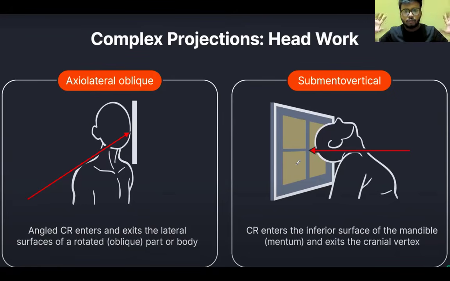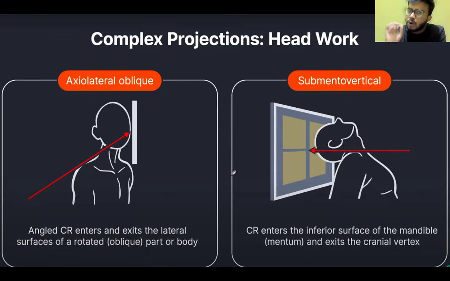For the skull, submentovertex view, the central ray enters the mentum, the inferior surface of the mandible, and exits through the cranial surface, the cranial vertex. We do it by hyperextending the neck, with the vertex touching the cassette. Clear? Yes.